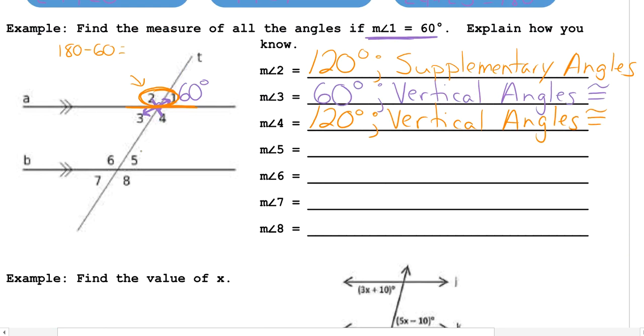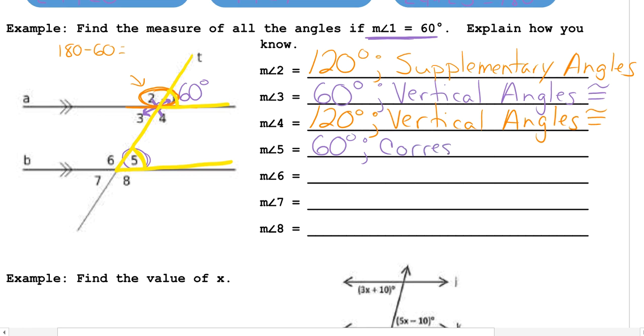So if I'm looking for angle 5, let me start with angle 5, I can see that angle 5 is corresponding with angle 1. So angle 1 and angle 5 are congruent, which means that angle 5 is going to be equal to 60 degrees because of, I said consecutive, I meant corresponding.